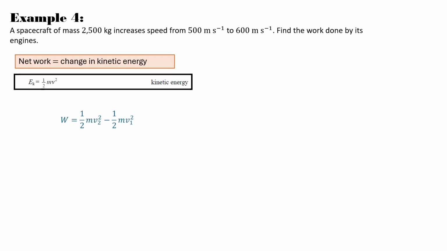That's going to give us net work is equal to a half mv2 squared minus a half mv1 squared, where that 500 is our v1 and 600 is our v2. Plugging that into our formula, we get a final answer of 1.375 by 10 to the power of 8 joules. So that's quite a big number. I'm happy to accept that in scientific notation or standard form, but if you gave it fully, that would be absolutely fine as well. No force diagram needed in this case because we didn't deal with forces at all. We went straight to work.